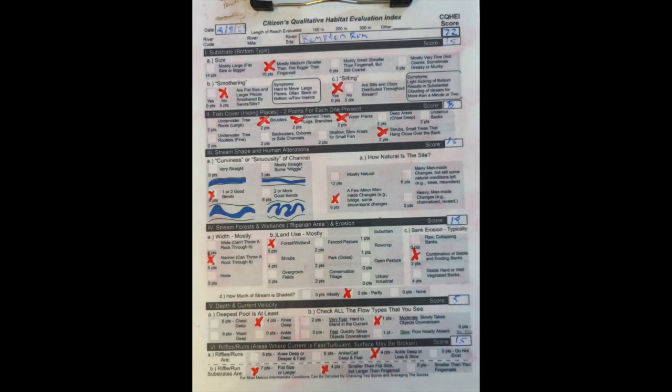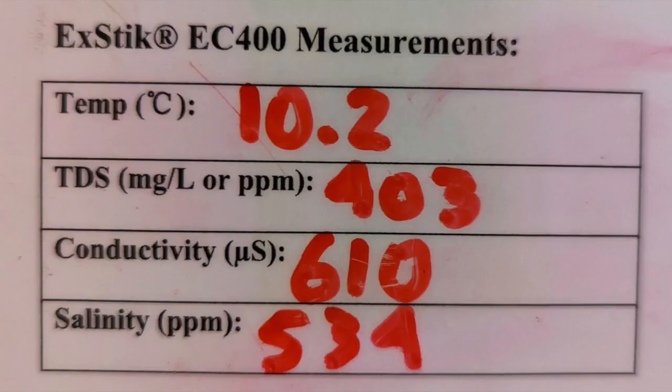We then tabulated data for the Citizens Qualitative Habitat Evaluation Index, adding up to 72 out of 100, which provided excellent habitat for aquatic life. Finally, we recorded a temp of 10.2 degrees Celsius, TDS of 403 milligrams per liter, and conductivity of 610 microsiemens.